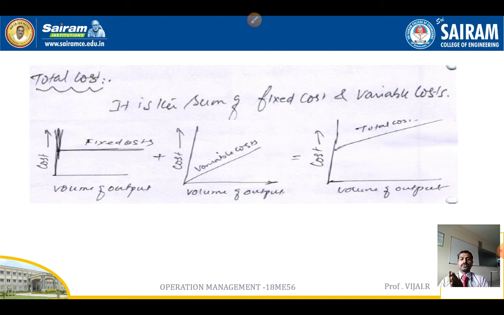The variable cost increases according to the volume of production. If there is no production, the variable cost is zero; if there is more production, it increases accordingly. So the graph is linear.